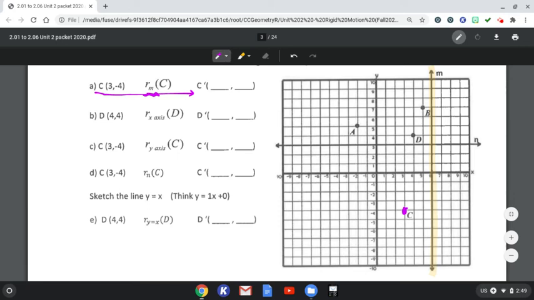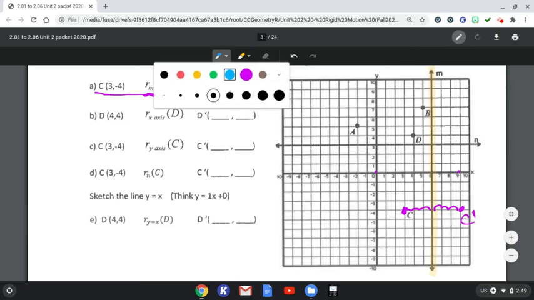So point C at this moment is 1, 2, 3 boxes on the left of it. We're going to go 1, 2, 3 boxes to the right of it and find C prime. Now, as we go to read that ordered pair, we need to go back to the origin. So that's over 9, and that's why it's helpful to have the boxes numbered for us, and down 4. So the new ordered pair for C prime is 9, negative 4.